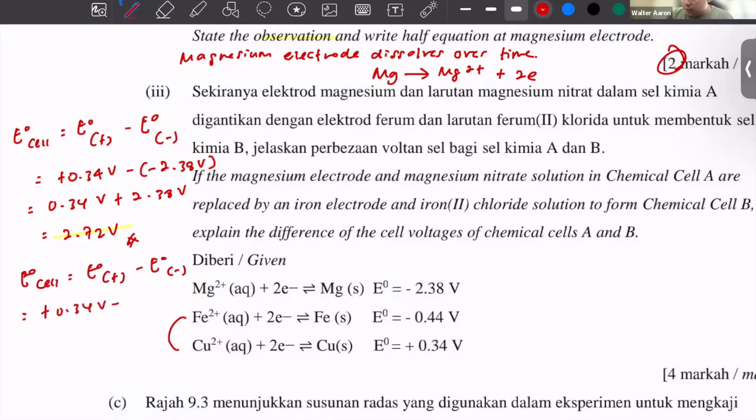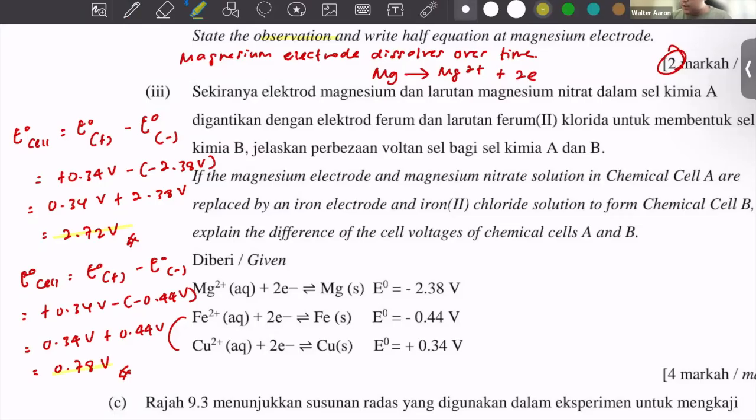So 0.34 volt minus negative 0.44 volts. And you're supposed to get 0.34 plus 0.44 volts. And your answer is supposed to be 0.78. Okay, 0.78 volts is being produced. So that's the second part of the answer.